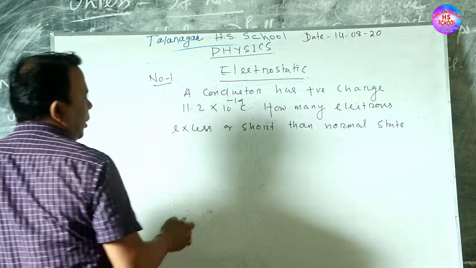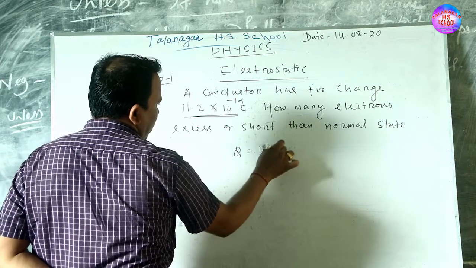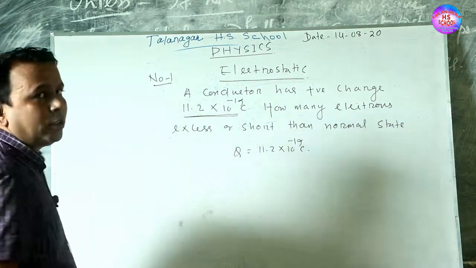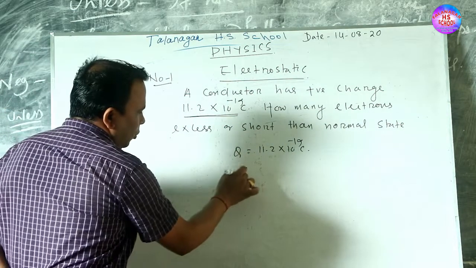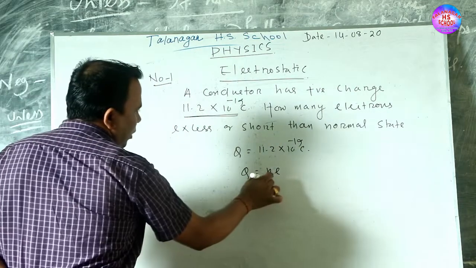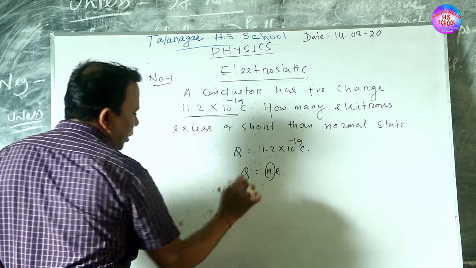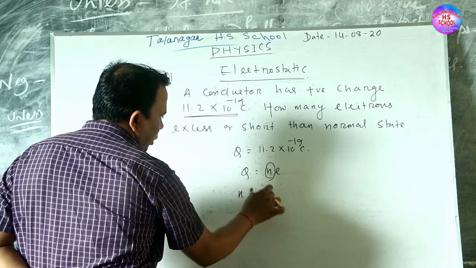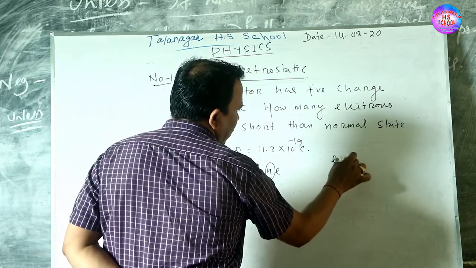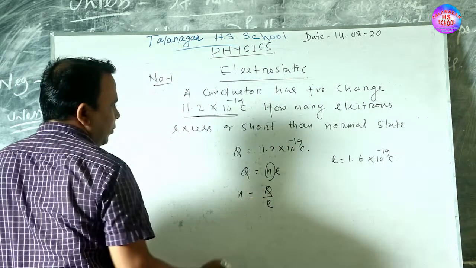Here the positive charge is given, Q equal to 11.2 into 10 to the power minus 19 coulomb. For the quantization of charge, we know that Q equal to Ne. Now, N is the number of electrons or protons, here taken as protons. Now we can write N equal to Q by e, where e is the smallest unit of electronic charge, 1.6 into 10 to the power minus 19 coulomb.